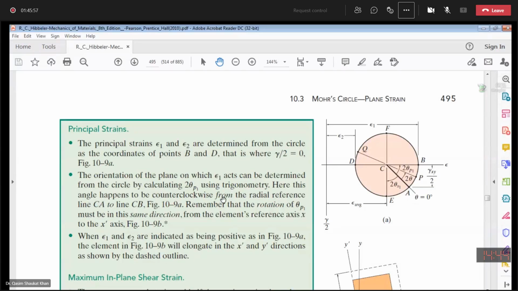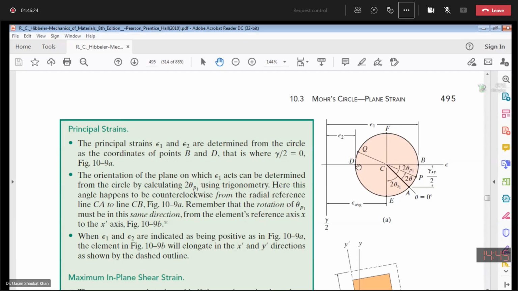So the principal strains epsilon 1 and epsilon 2 are determined from the Mohr circle as the coordinates of points B and D, where the shear strain is 0.